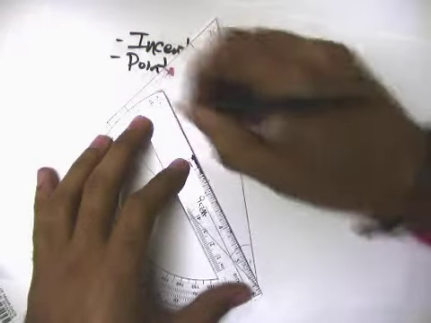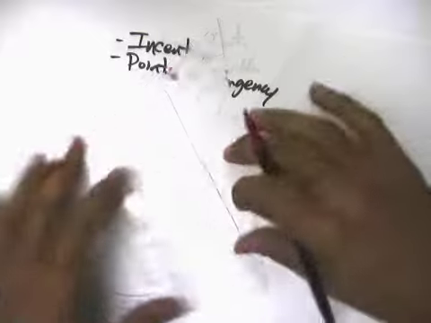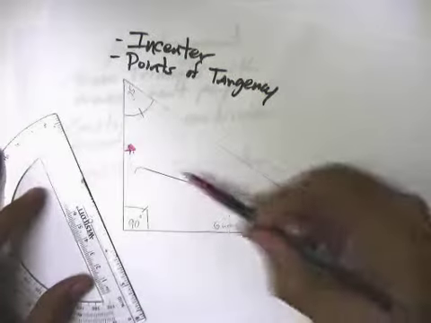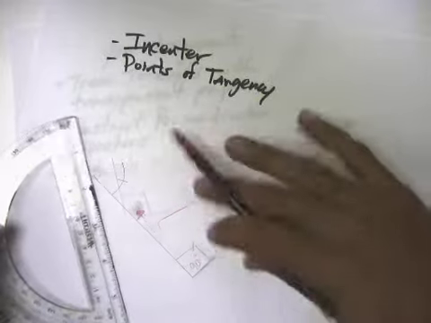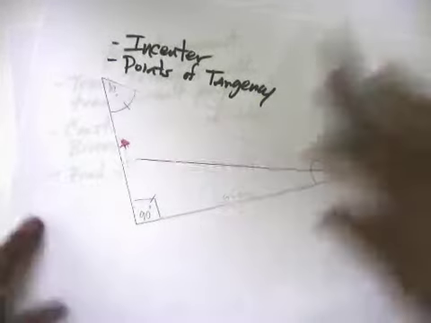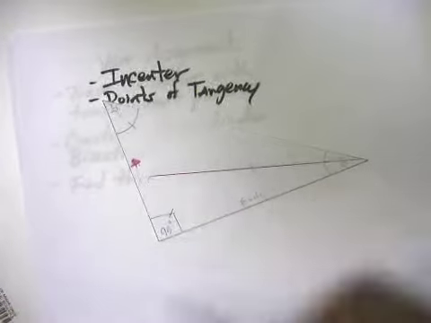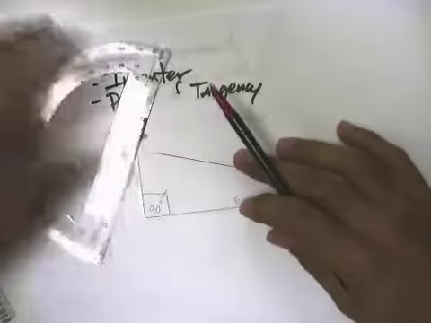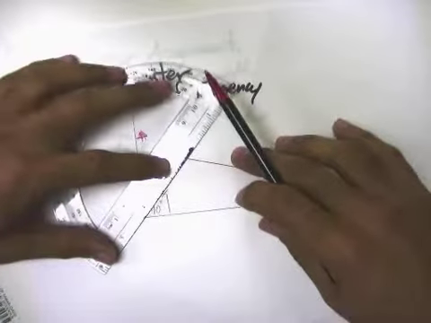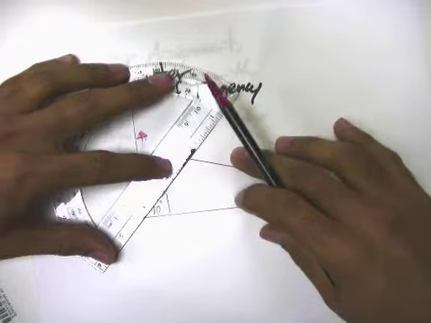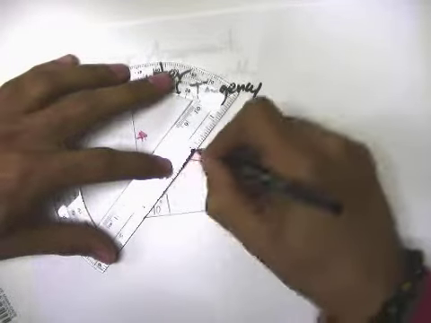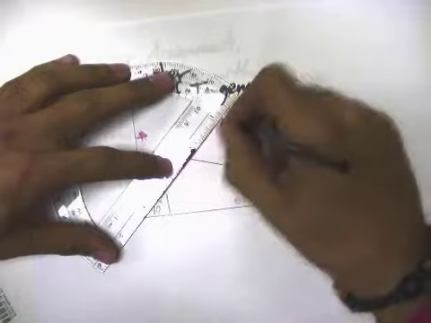I'm going to take my 34 degrees and I'm going to bisect it like so. I'm bisecting that angle. I'm cutting it into 2 equal angles. I'm going to take my 90-degree angle and I'm also going to bisect it.